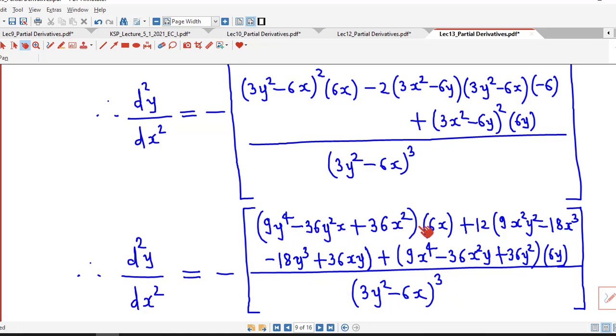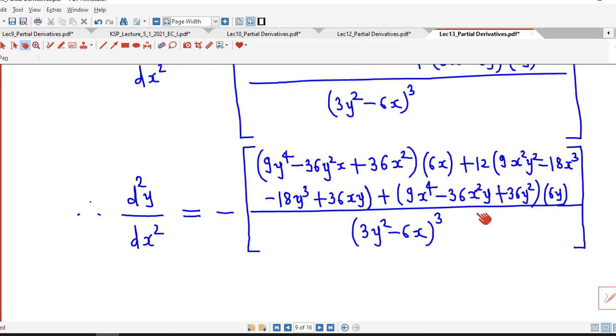Now if we observe, in each term we can take 6 common. Here we have 6x, so there is 6 here. Here also we have 12, so we can take it common, and in each bracket we can take 9 common. Here 9 is there in each term, so we take 6 into 9, that is 54, common.